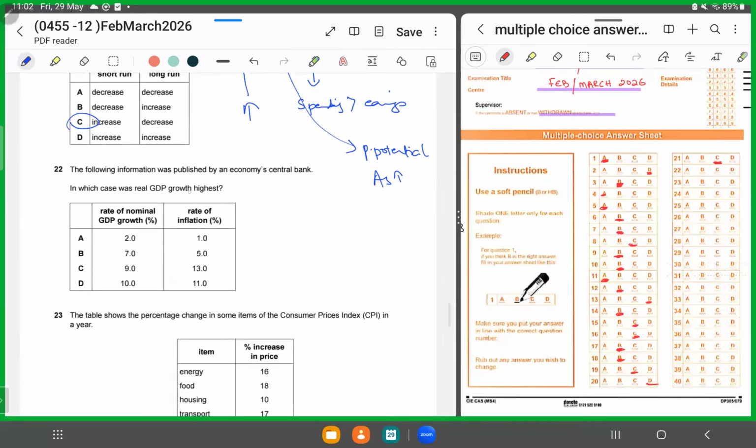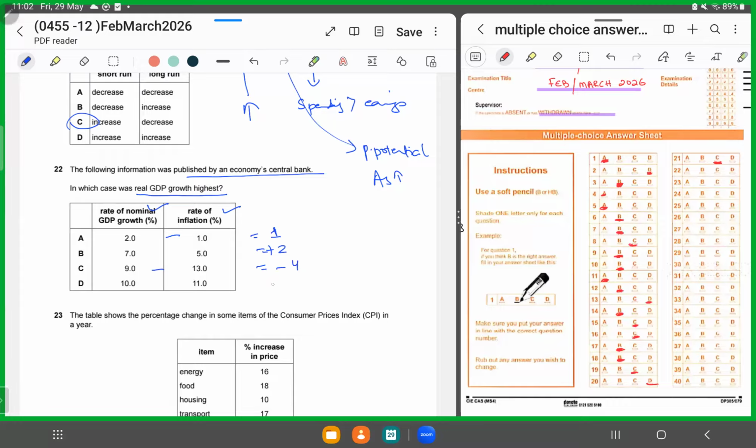The following information was published by an economy's central bank. In which case was real GDP the highest? They've given nominal, they've given the rate. What do we need to do? We need to subtract and see whichever yields the highest, which will cause the highest increase in the GDP. So 2 minus 1 is 1. 7 minus 5 is a positive 2. 9 minus 13 gives us a negative 4.